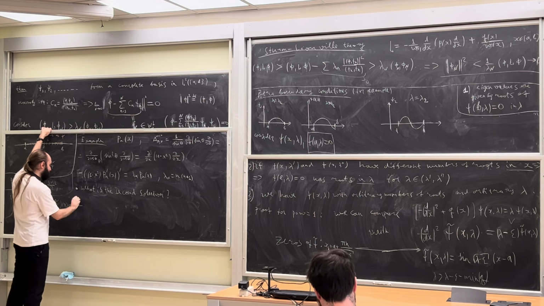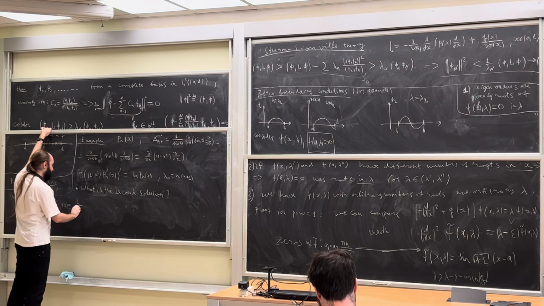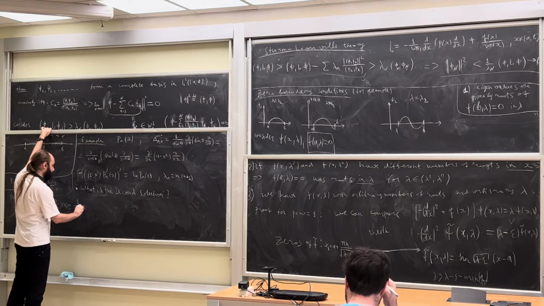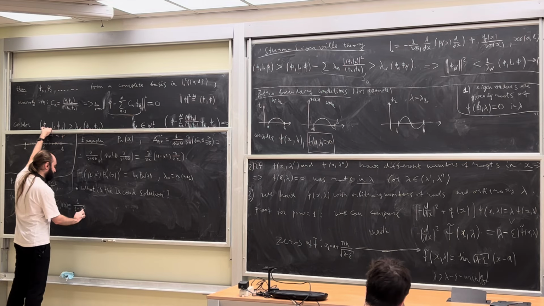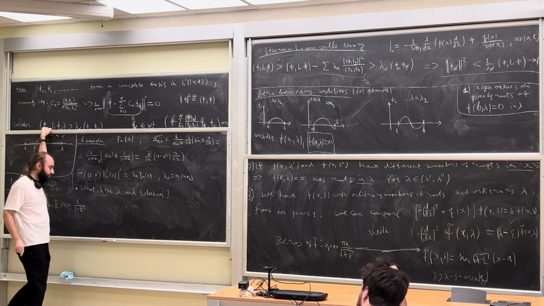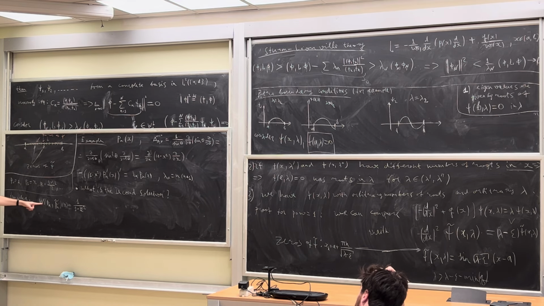So let us say that it is just 1 over 1 minus x squared. And this is a first order equation.